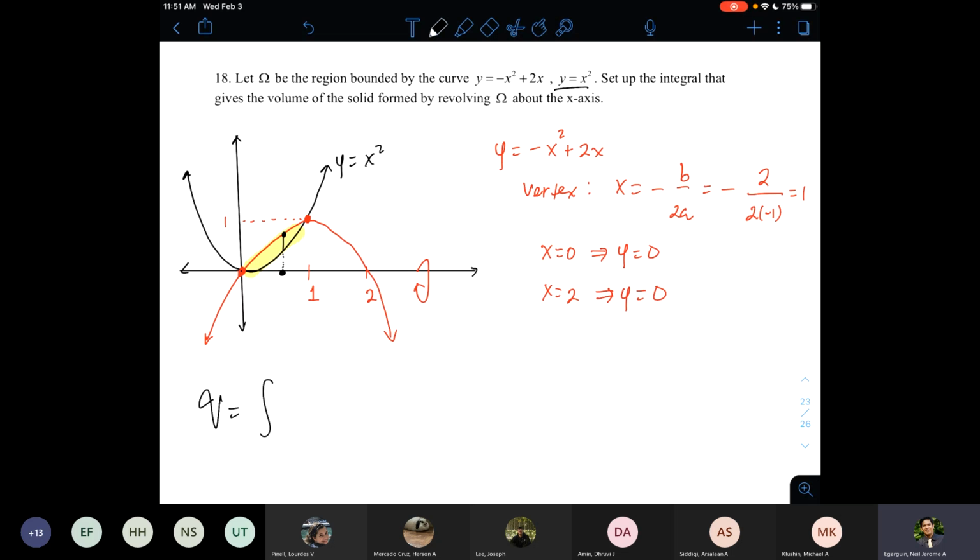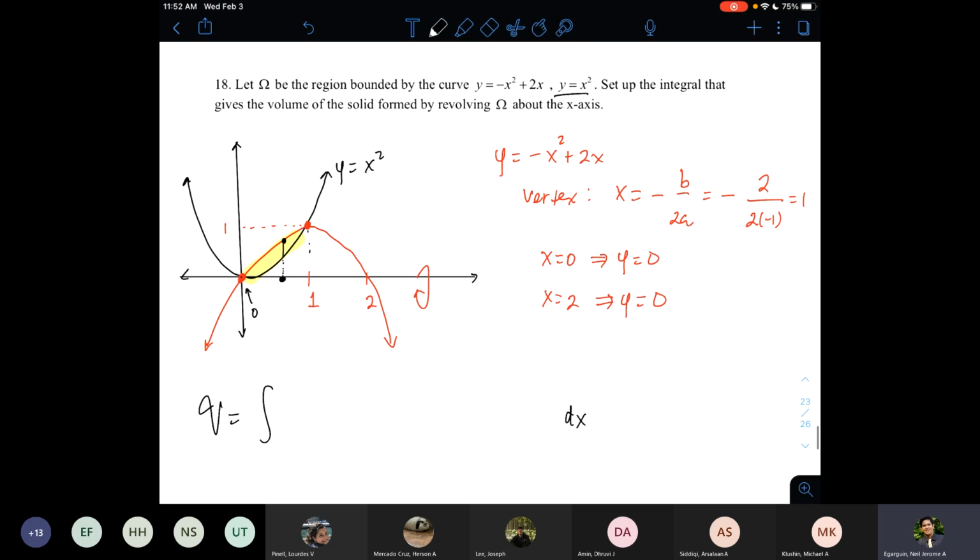But look at that vertical strip that I drew. Part of it is outside of the shaded region. So this is a method of washers. But nevertheless, the bounds will be bounds for x. We see here that x started at 0 and ended when x is equal to 1. So the bounds would be from 0 until 1.